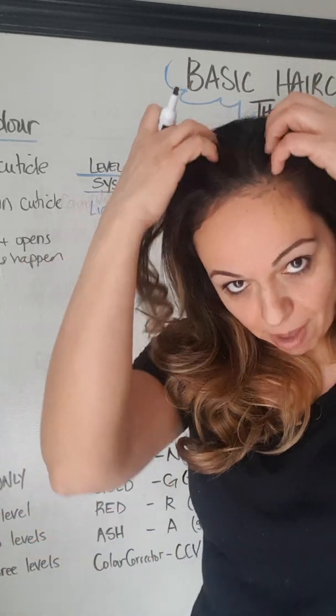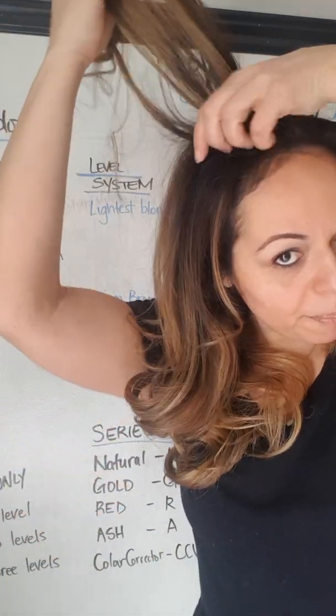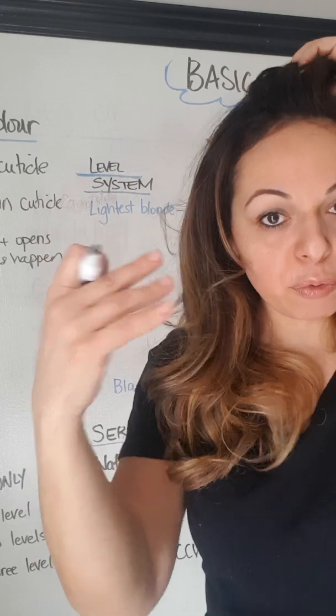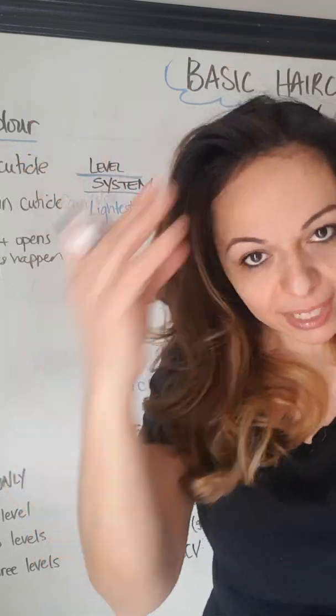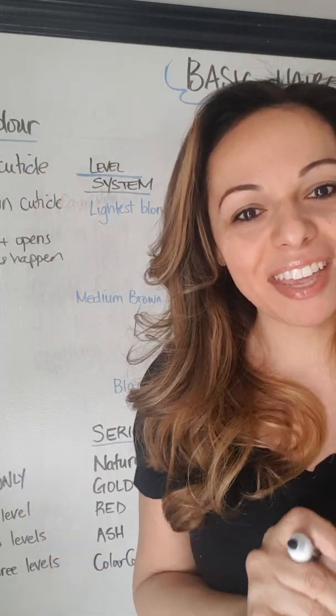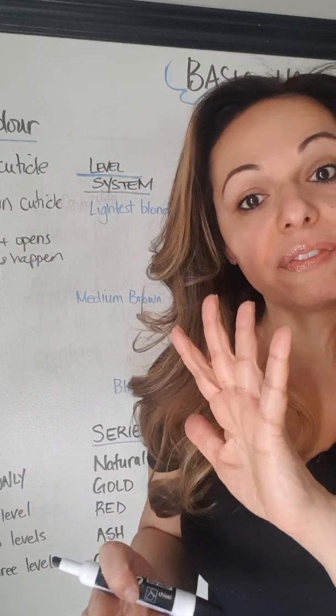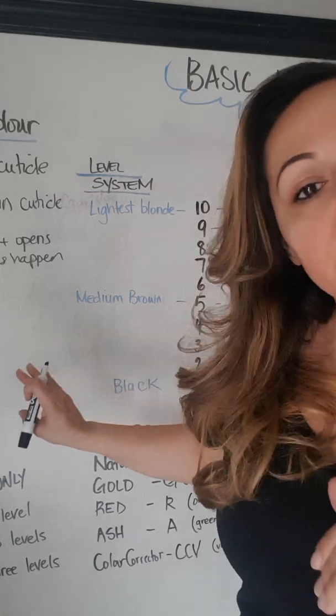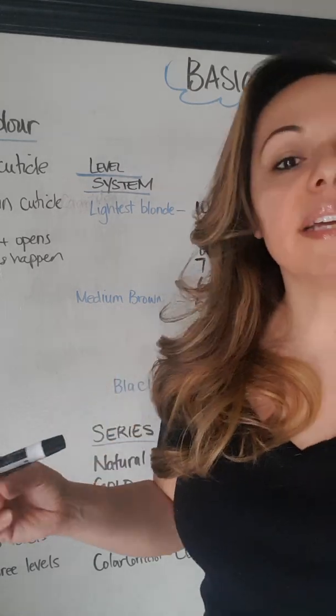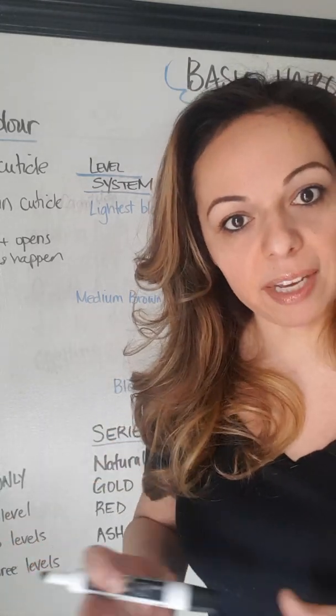Okay, so if we have a look at my natural color, it might show up a little darker through the video, but with the right lighting and identification tools, we would say that my natural level is about a 5. So I would be in and about a medium brown color, and I would be identified as a 5 naturally.